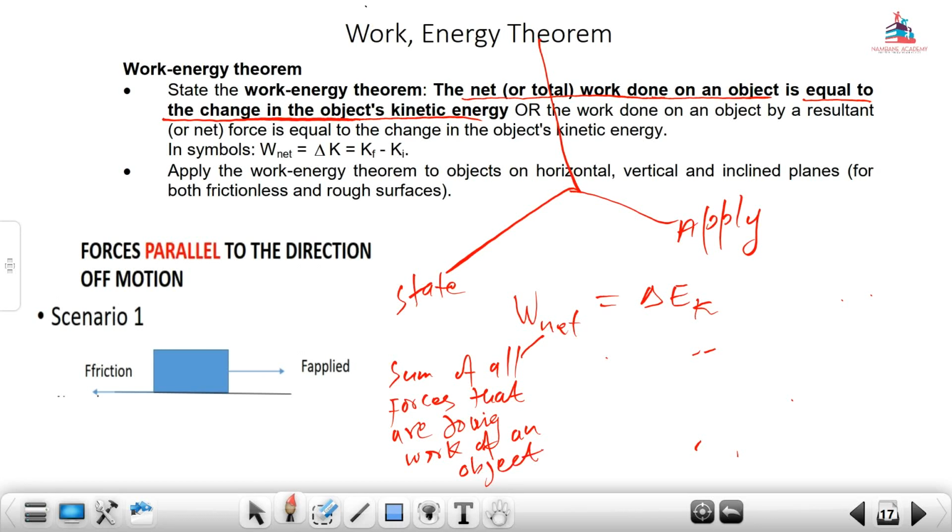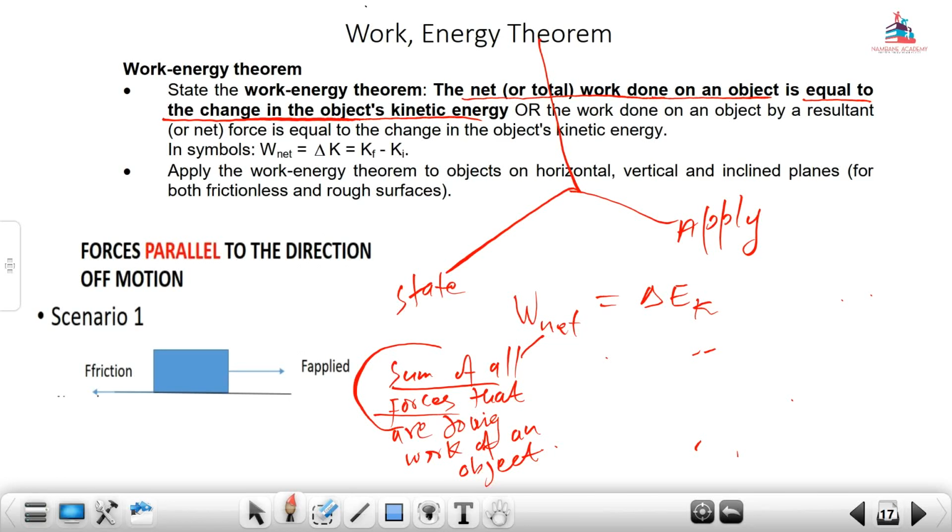That is very, very key. So it's basically the sum of all the work done by different forces. That is basically what we are saying here. So for me to understand it easily, I must be able to calculate the individual forces.